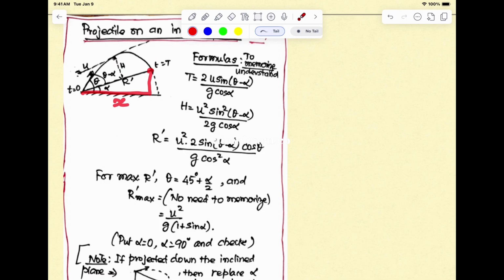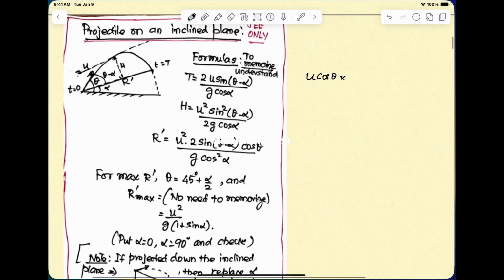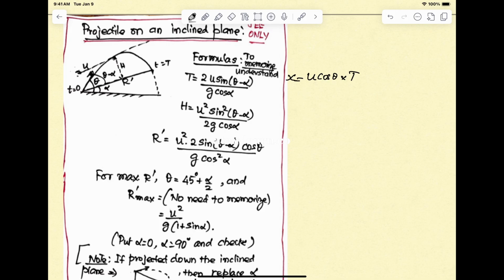Now we already know how to calculate x, which is very simple: the horizontal component of velocity u cos theta into the time of flight capital T, the time at which it is hitting the inclined plane. Therefore, x is u cos theta into this time of flight. Already we have derived this much.